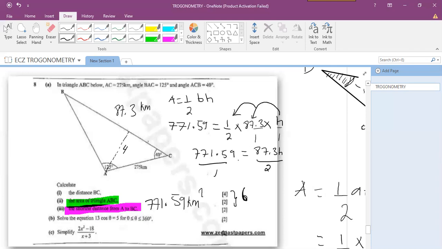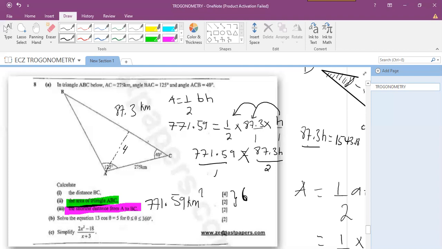Then from here, I can cross multiply: 87.3h is equal to 2 times the area, so 771.59 multiplied by 2. That would be 1543.18.